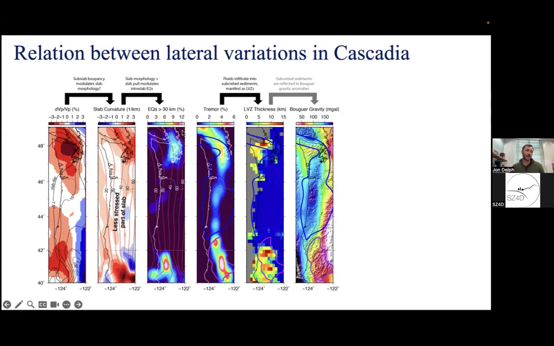The seismicity leads to permeable pathways for fluids that are present to escape. They can concentrate at the plate interface and be reflected in that distribution of non-volcanic tremor and slow slip that we see. These fluids are then able to infiltrate into those underthrust sedimentary packages, which are reflected in our Bouguer gravity anomalies.